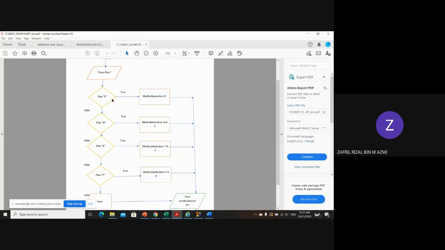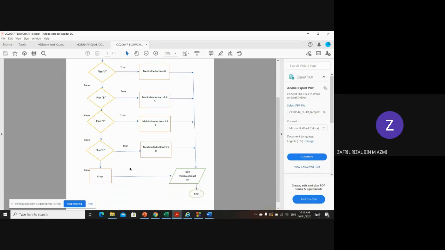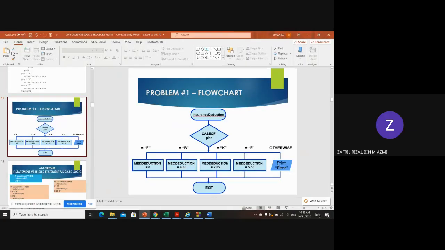But in terms of structure, using the decision symbol, it is correct. Each true symbol is also correct. But for the default, which is the last else, you need to print error.